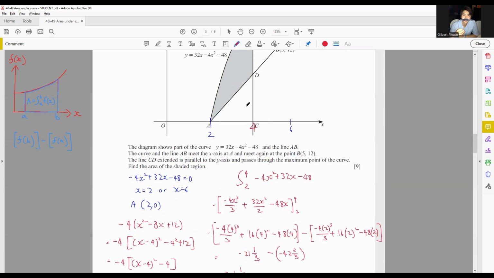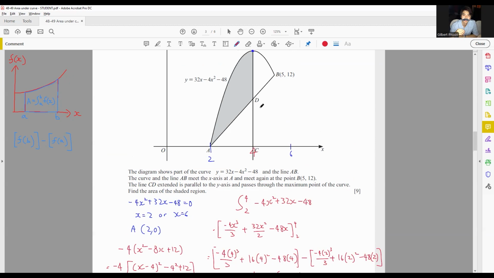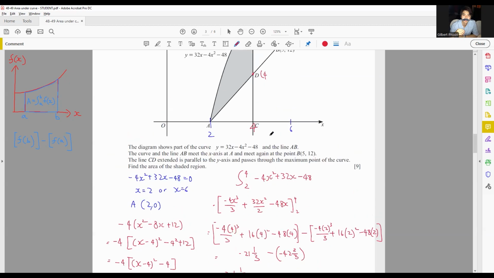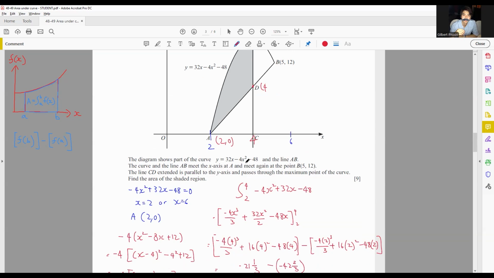Now, the last part is to find the area of the triangle, and we minus it off, right? To find the area of the triangle, we already know that the x-coordinate of D is going to be 4. But we need the y-coordinate as well. So first off, we can actually use the gradient formula where we know that A is 2, 0. This gradient will have the same gradient here as well.